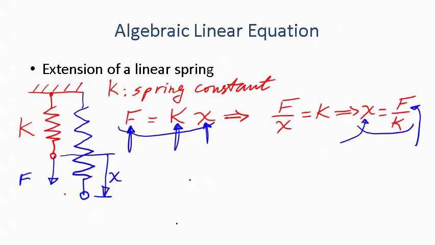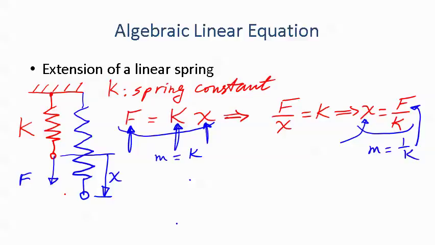So these are forms of linear equations. So let me write here m equals 1 over k, and here m equals k. So this shows to us how the slope changes depending on whether the force is the dependent parameter or the distance is the dependent parameter, or the extension of the spring.